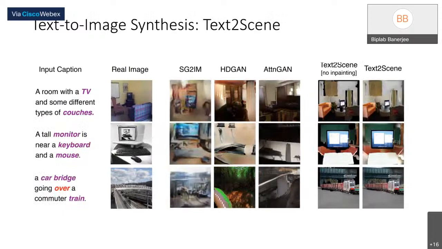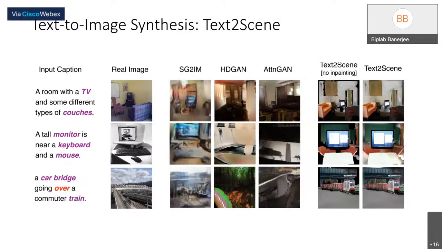Another application of multimodality is the other way around, where we input the caption and the task is to generate images which are consistent with the caption. As you can see, this problem is very challenging.